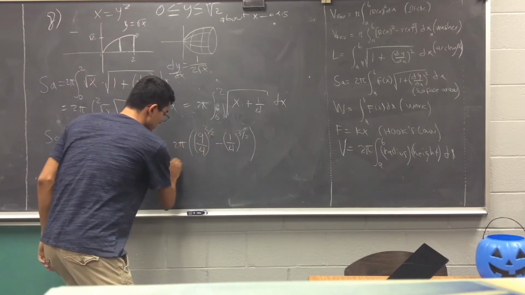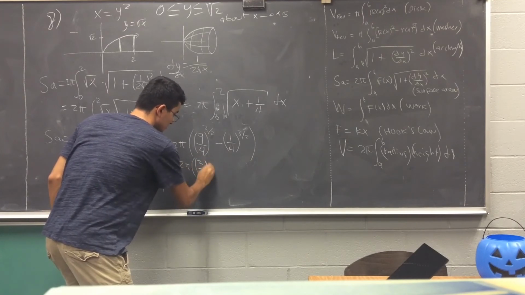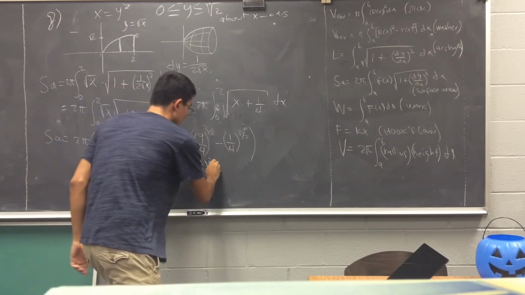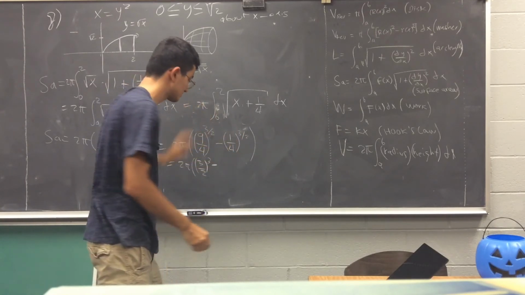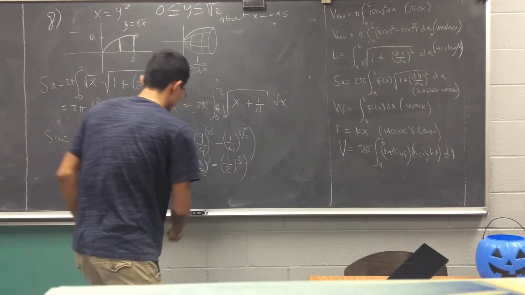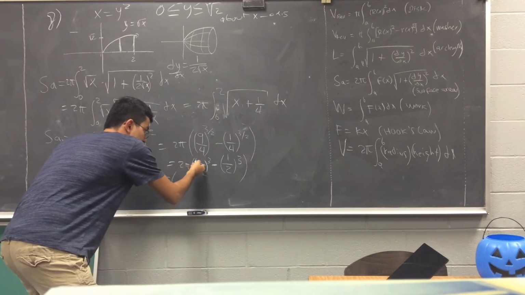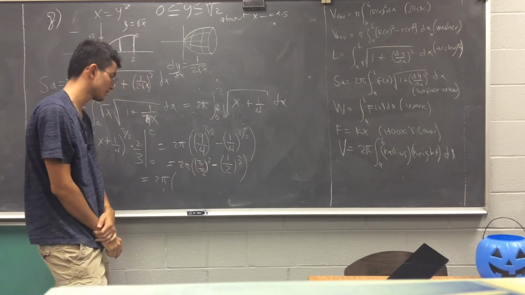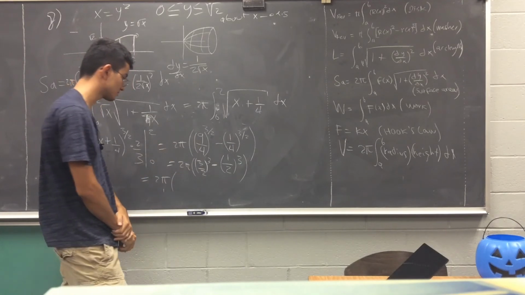So we have 2 pi times 3 over 2 cubed, so we're left with the cube, minus what's the square root of 1? It's 1. What's the square root of 4? That's 2, so that's going to be 1 over 2 cubed. And then we finally have 2 pi times 3 times 3 is 9, 9 times 3 is 27.